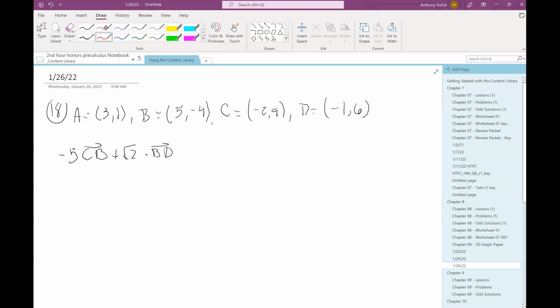The first thing I'm going to do is write the vector CB and the vector BD in component form, using the head minus tail rule. So the head is the B, so I'm going to do 5 minus -2, and then -4 minus 9. Same thing with BD: -1 minus 5, and then 6 minus -4.